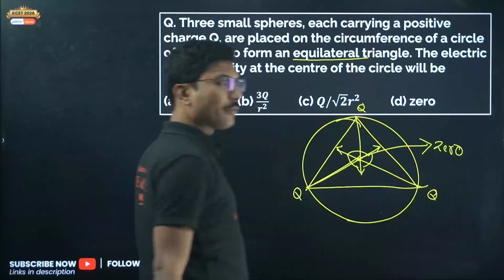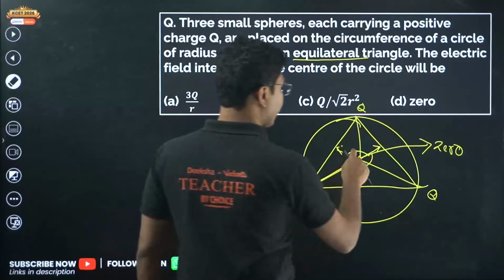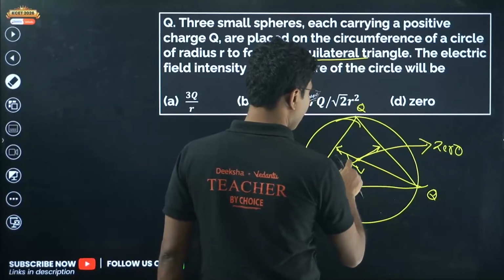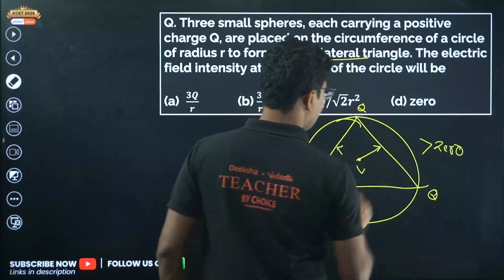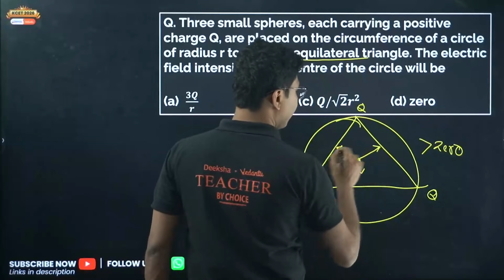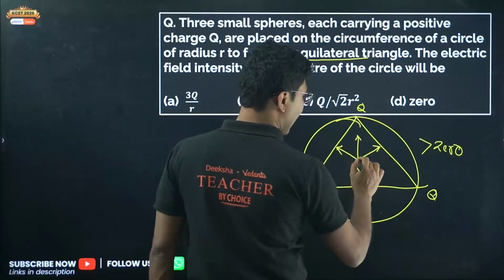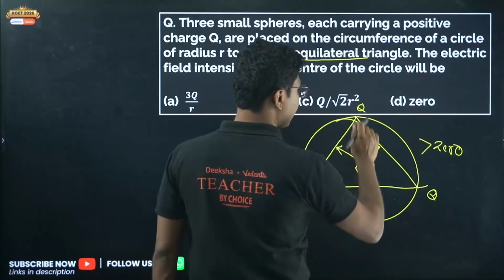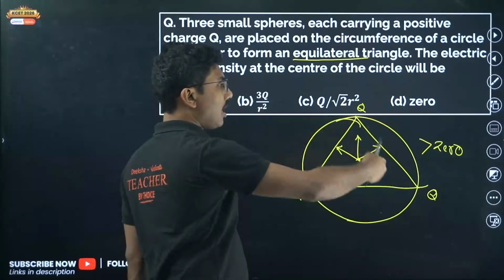Okay, there is one more way to do that. If you take these two vectors, electric fields, and add them, you will get the net electric field in this direction, and you will have also equal and opposite electric field due to this positive charge. So positive charges always give electric field away.